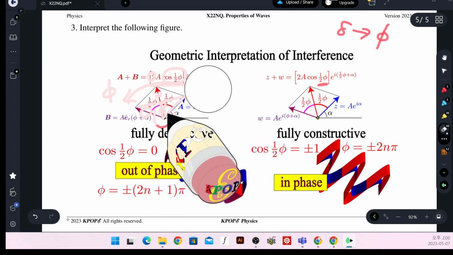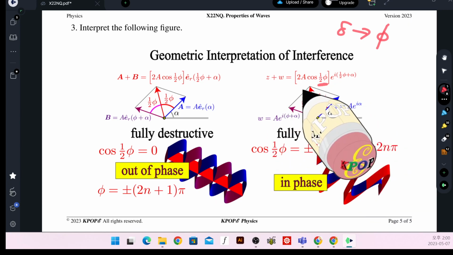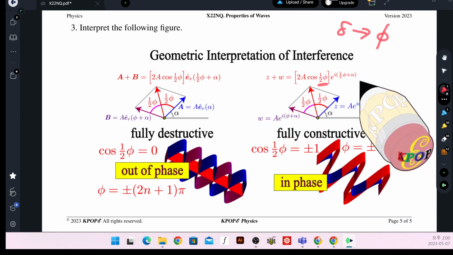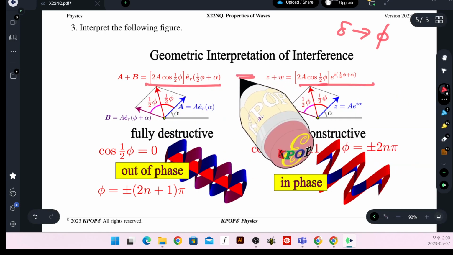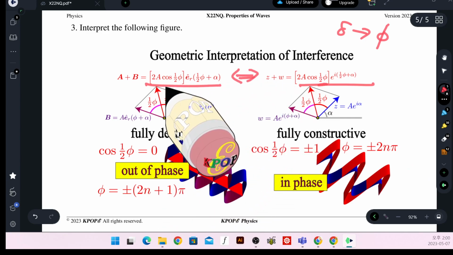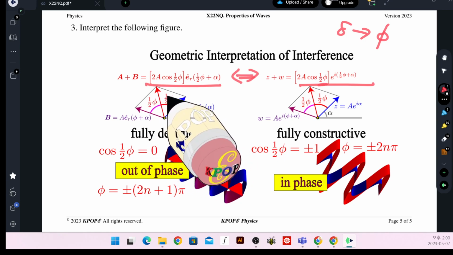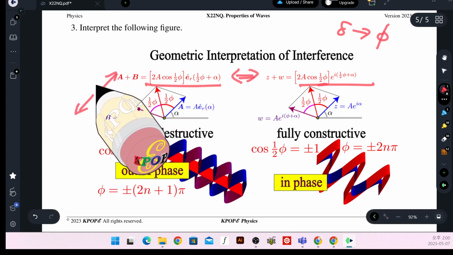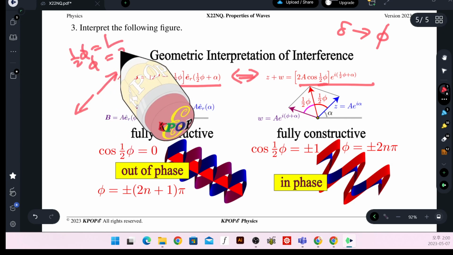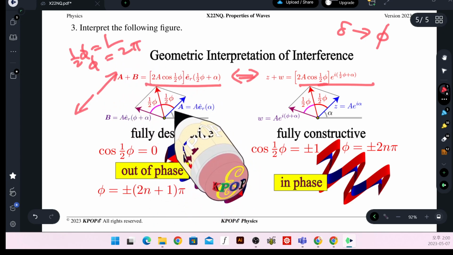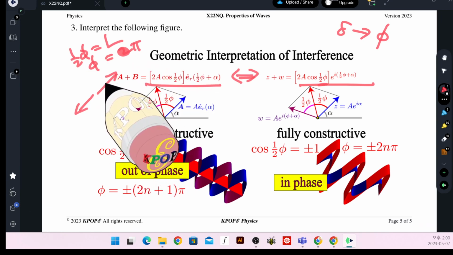This can also be understood by making use of complex numbers of unit modulus. So both of them are equivalent. When they are added up, depending on this phase difference, when they are opposite, 1/2 of phi equals a right angle, phi is pi, back to back.